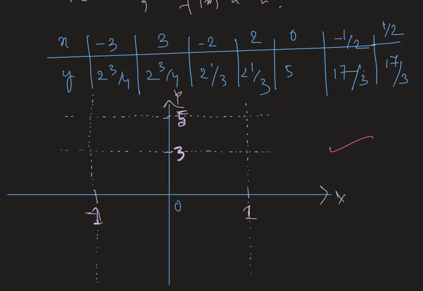And from this table, we can see that whenever x is less than minus 1, like minus 3, we get the value of y as 2 and 3/4, which is 11 by 4, which is obviously less than 3. Therefore, the required curve looks like this, that is, negative slope and less than 3.